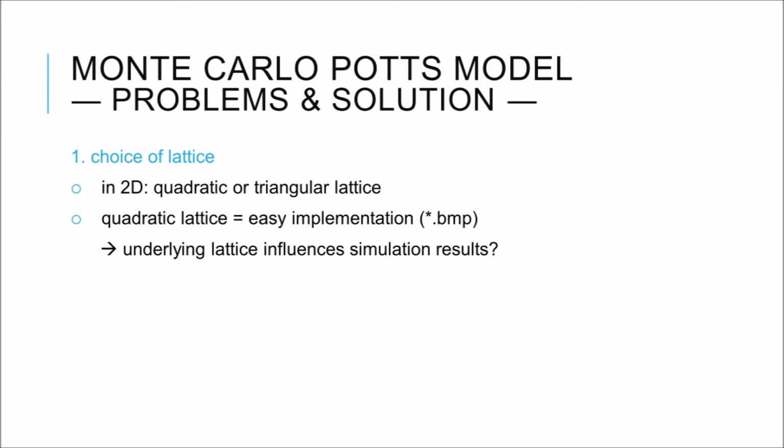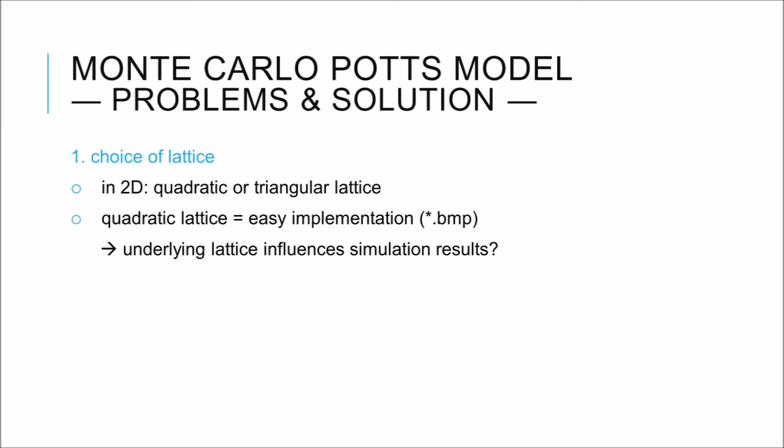Yes, of course, there is also the possibility to select a triangular one, but the quadratic lattice is also something that I personally like very much because it allows you a very easy implementation. You can simply use a bitmap image of your microstructure and simulate on the bitmap, or take a simple matrix.